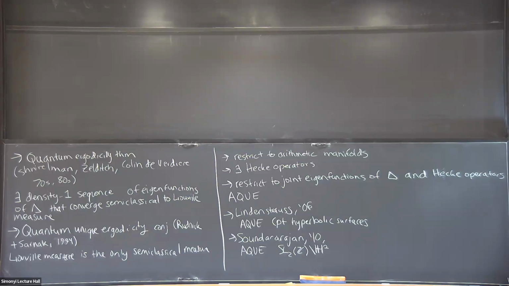And now the state of the art in higher dimensions is also due to Hashemi and Silberman in 2024. This is in 4 dimensions, so we have partial results towards arithmetic quantum unique ergodicity in 4 dimensions. And currently nothing is known in higher dimensions.